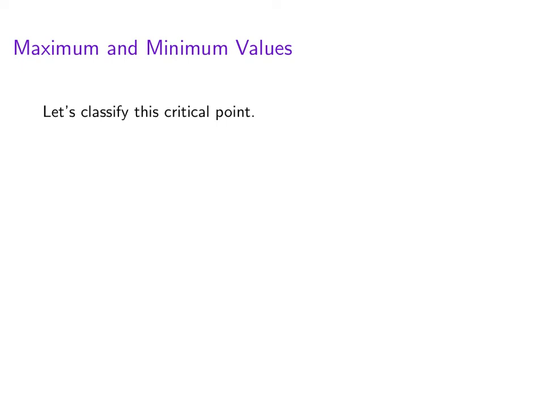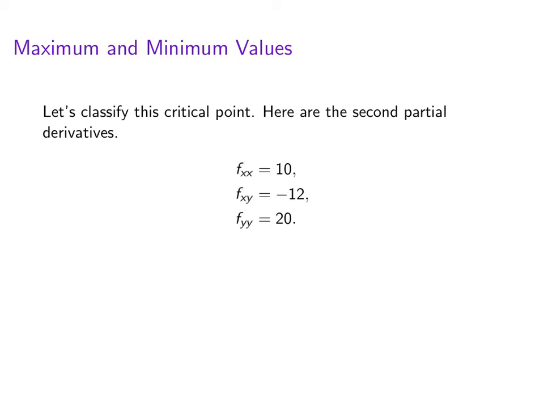Let's classify this critical point. First, we need the second partial derivatives, and they look like this. fxx is 10, fxy is -12, fyy is 20. That makes D equal to 56, which is positive.